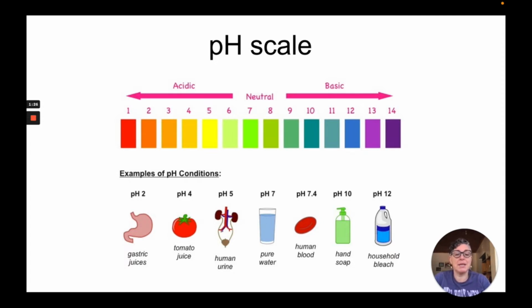Human blood is almost neutral with a pH of 7.4, some slight alkalinity in there due to the protein structure of the human blood. Something like hand soap is a pH of 10, and something like bleach is a pH of 12. So this is just to have some idea of where the range of pH falls in some commonly known items that we might be aware of.